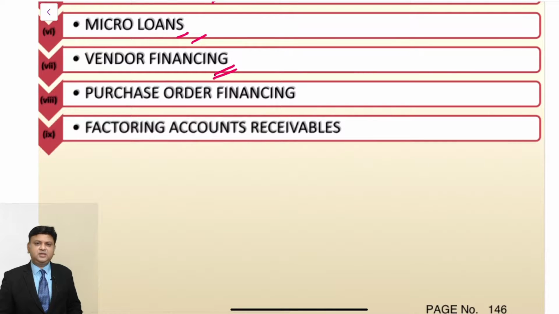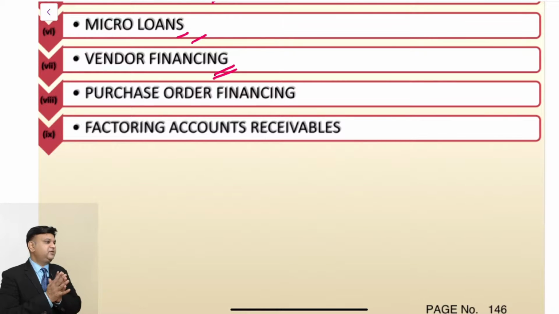Vendor financing is a method like this. It is very similar to car financing. Suppose I want to purchase a Maruti car. I go to the Maruti showroom and select a car, and I tell that person I want this car on finance. There is somebody already sitting over there, a finance agency, who will finance me based on the income that I have, and with that the Maruti company will get the release of funds on an immediate basis.